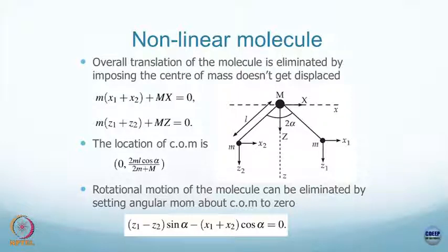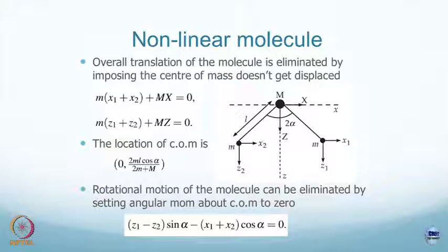You have 1, 2 and 3 constraints, clear. So, essentially the degrees of freedom you have left, which will be the vibrational degrees of freedom, is 3 degrees of freedom. Translation and 1 rotation put 3 constraints on the 6 degrees of freedom.